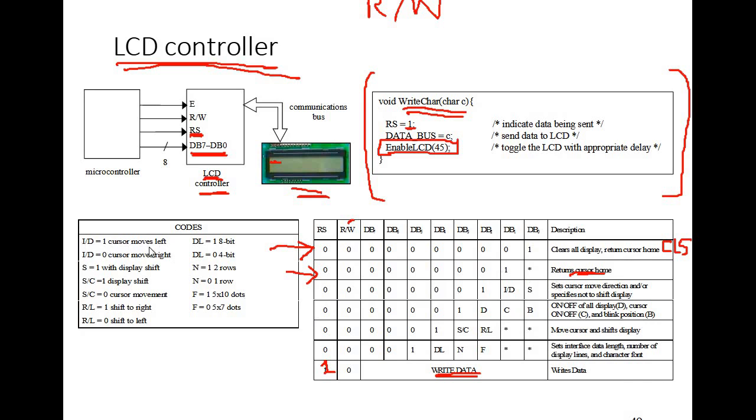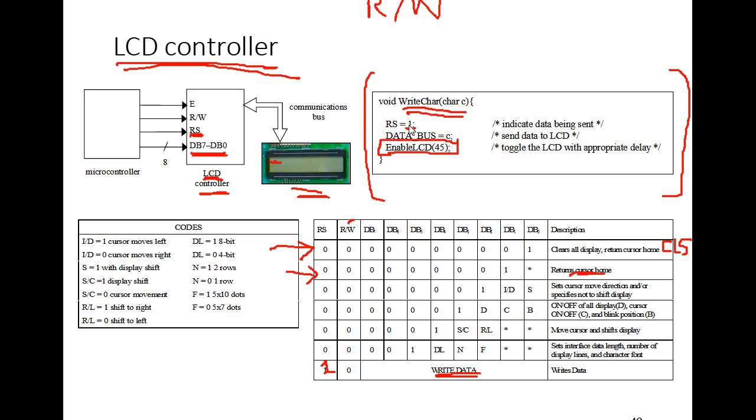So these are basically the codes. I/D equals 1, cursor moves left. Similarly, I/D equals 0, cursor moves right. So we can position the cursor, right? So this is I/D, and we can set the different commands over here. So using this interface, we have this sample code, void write character C, right? When we want to write data, we know that RS should be 1.